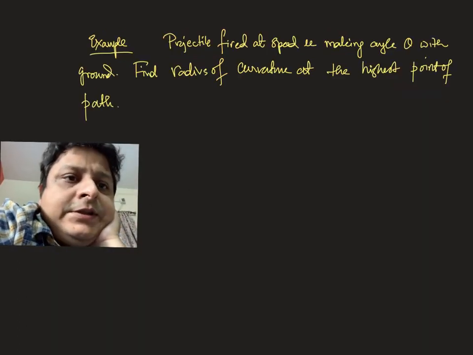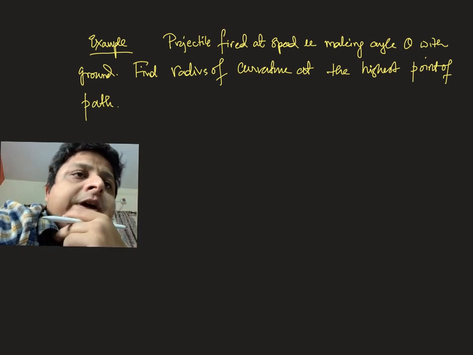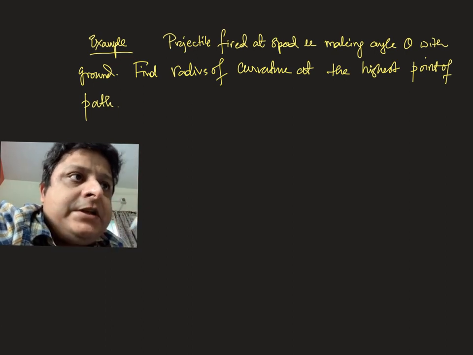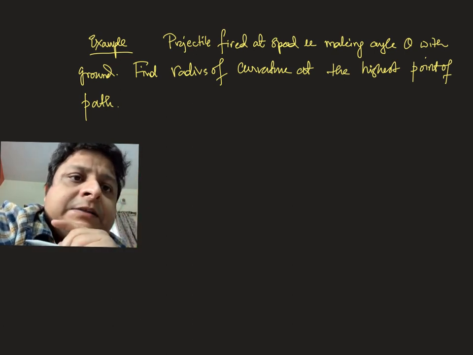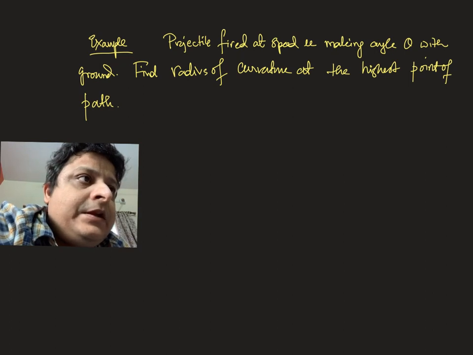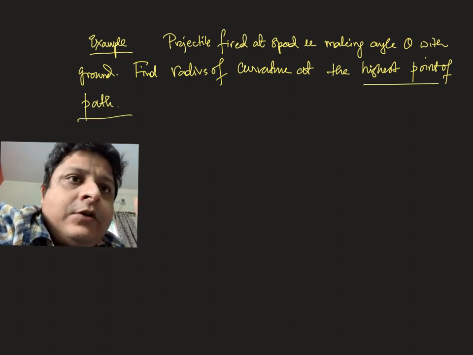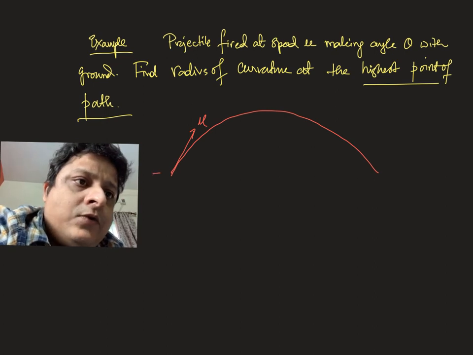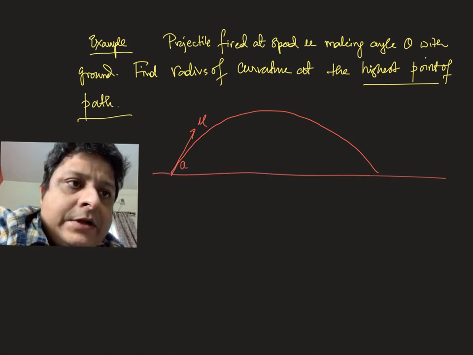This is the problem we are going to solve: a projectile is fired at a speed u making angle theta with the ground. Find the radius of curvature of the path at the highest point. So that's the path, it's thrown at speed u making angle theta with the ground.